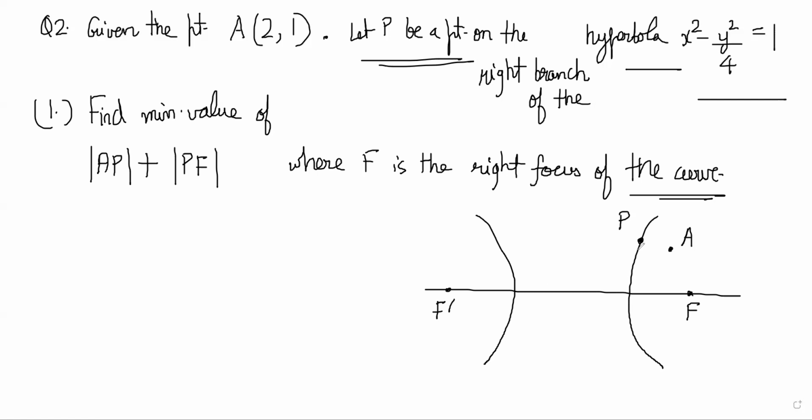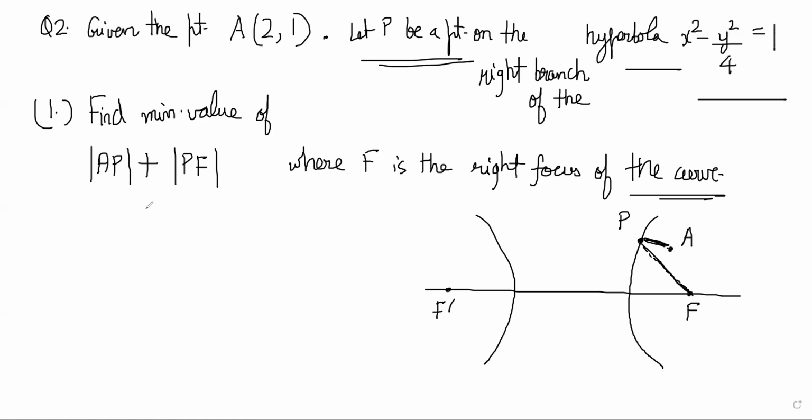We have to find the minimum value of AP plus PF. So PF is this and AP is this. We have to find the minimum value of the sum of these two, right?